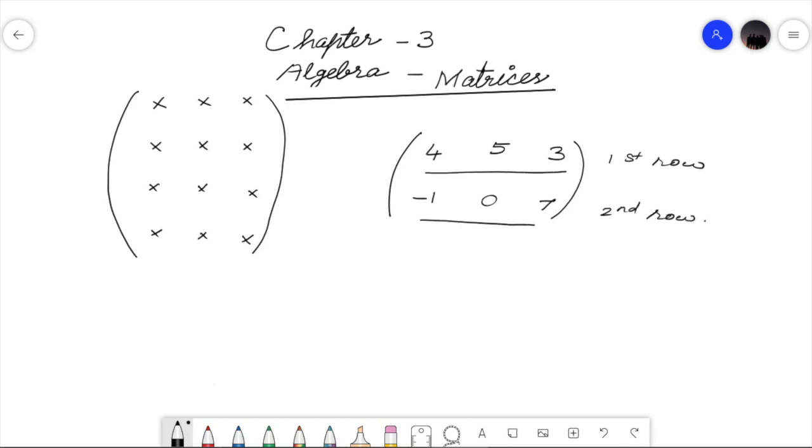And now see here, this 4, minus 1, is in the first column. And this one, 5, 0, they are in the second column. And this one, 3, 7, they are in the third column.